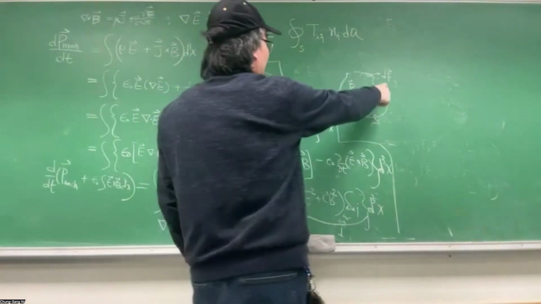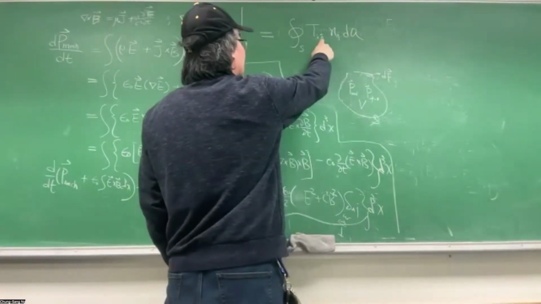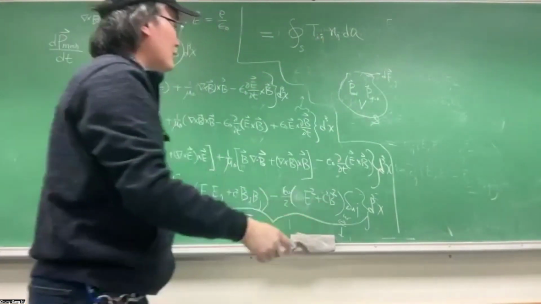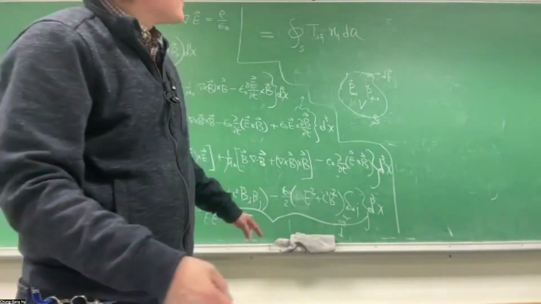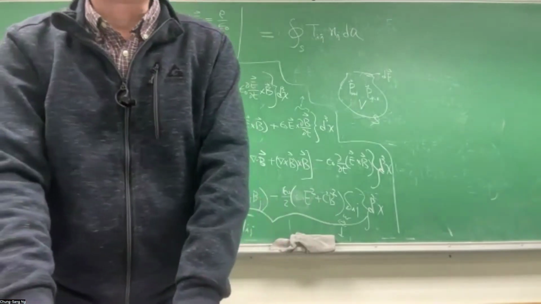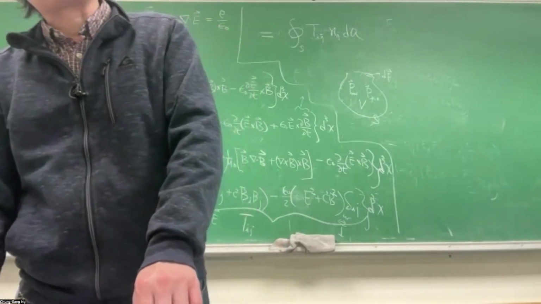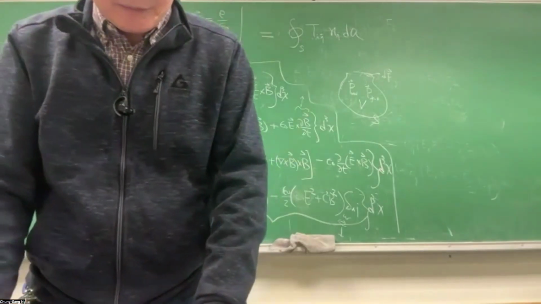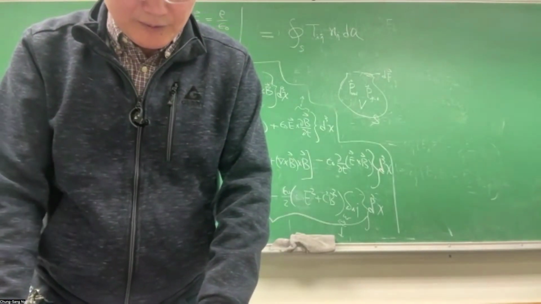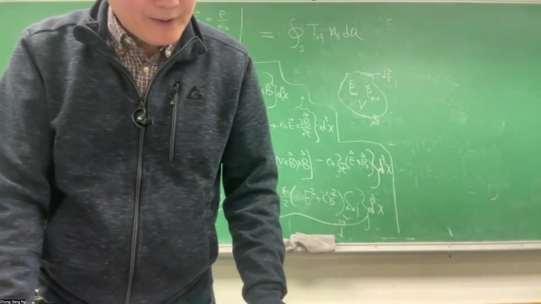And it has a direction because this is a sum over j. And so therefore they interpret that as a stress tensor. It's similar to how you define stress in a mechanical system. Right? So therefore you call it a stress tensor. Okay.